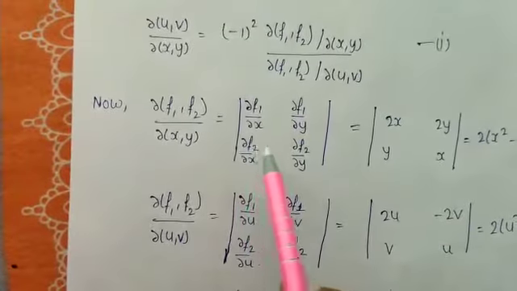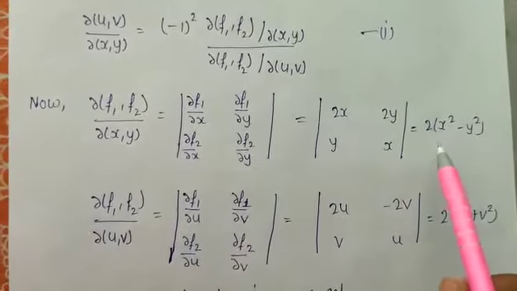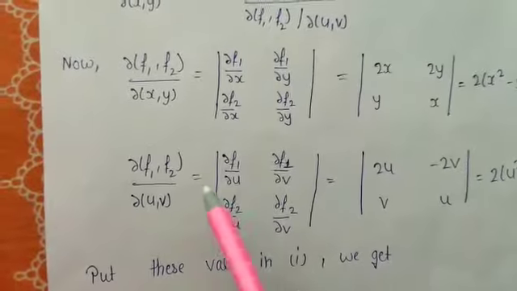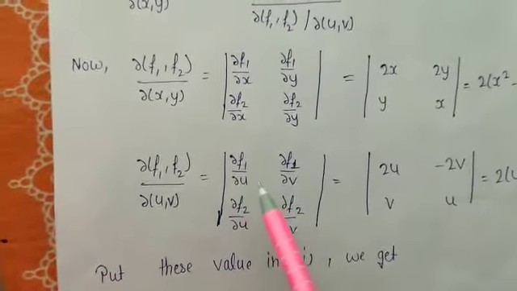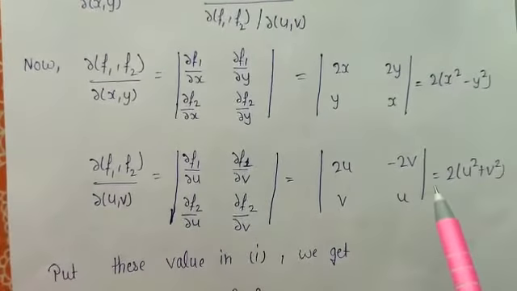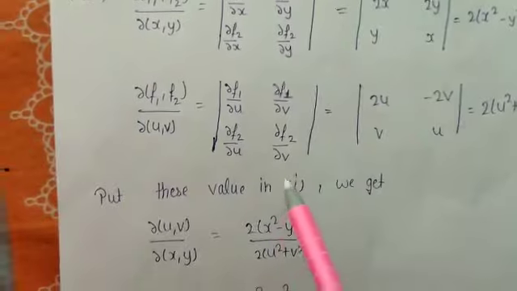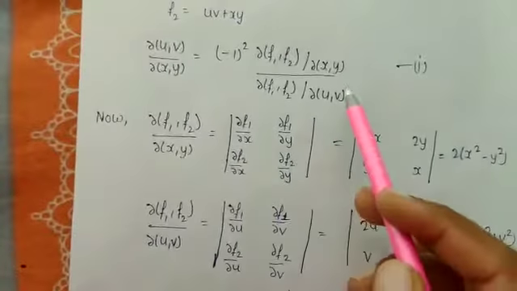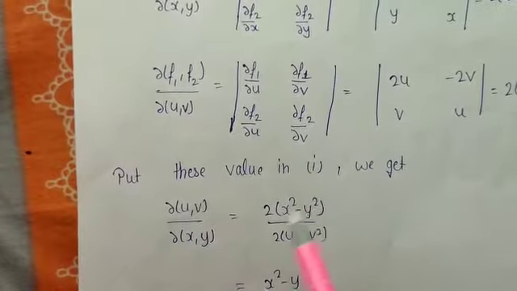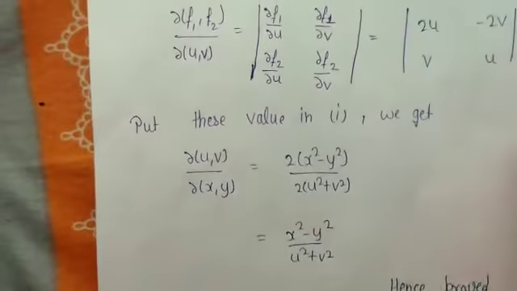So we find it by this. By solving this, we get 2 times x square minus y square, and similarly we find the Jacobian of f1, f2 with respect to u, v, and we get the Jacobian is equal to 2u square plus 2v square. Now we put all these values in equation 1, and then we get Jacobian of u, v with respect to x, y is this. Hence proved. Thank you so much.